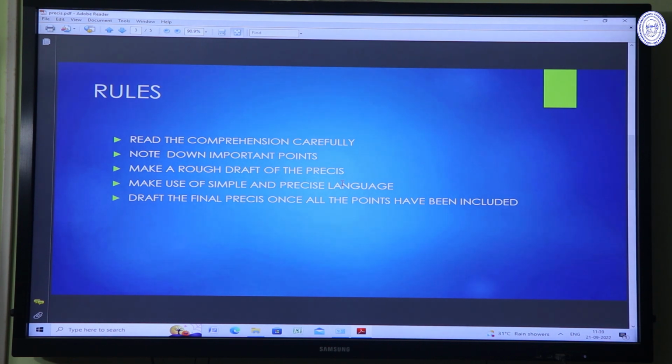In school days, some of you used to make a box, okay, which would help you to count the word numbers. That technique can be applied, or even without applying that technique, you can still write a Precis if you maintain these basic points. First read it, then note down the important points. When you are reading, you are also noting down, and then make a rough draft.